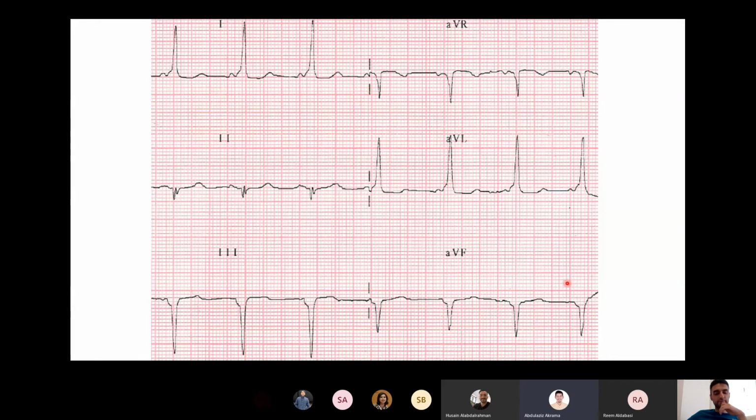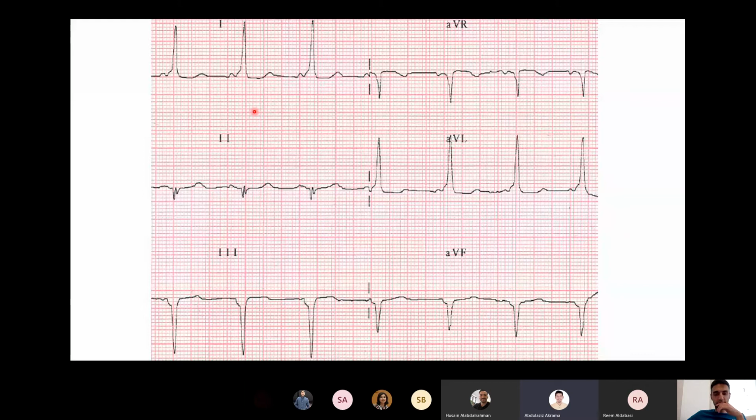The PR interval looks shortened. Around 50 milliseconds, right? Or 80 milliseconds. And I think there is a delta wave. Yeah. Pre-excitation wave. Okay, so you have a delta wave, pre-excitation, normal sinus rhythm.